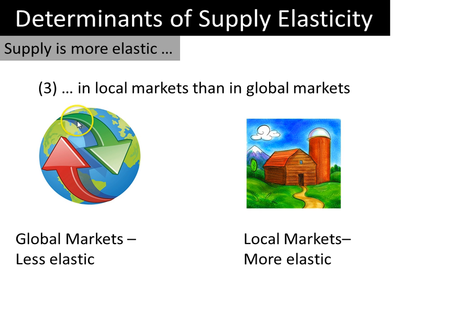But if the price of oil is rising in the global market, that is, it is rising everywhere, everyone's affected, then where are they going to bring additional oil supplies from? We don't have another planet yet where we can get oil from, and therefore the ability of producers to respond with an increase in supply is going to be rather limited. So the bigger the market that we think of, the less elastic the supply is. The narrower the market we think of, the more elastic the supply is.